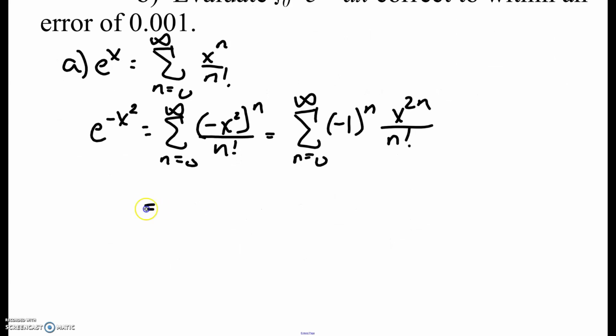The terms for that series, when n is 0, we would get 1. Plugging in a 0, we get negative 1 to the 0, which is 1. x to the 2 times 0, which is x to the 0, which is 1, over 0 factorial, which is 1. Plugging in 1 for n, now we're going to get negative 1, because negative 1 to the first is negative 1, x squared over 1 factorial.